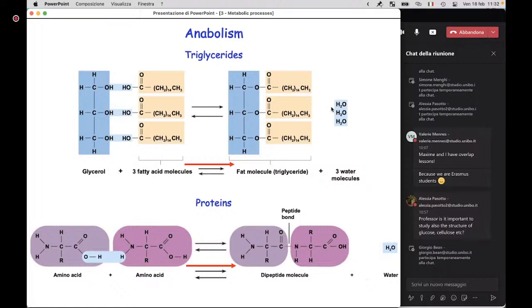So three water molecules. Again, this is anabolism. And also, when we look at proteins, when we condense amino acids to produce the peptide bond, again, we have the loss of water. So, as you can see, in some way, all these processes are similar: a condensation process, an anabolic process that produces larger molecules.